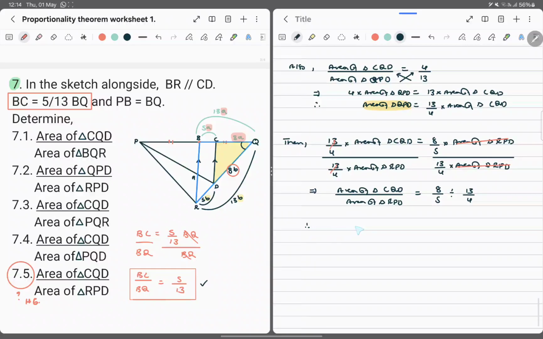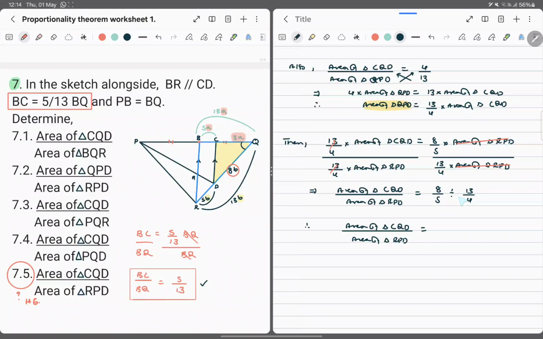Alright, so we can make a conclusion therefore that the area of triangle CQD over the area of triangle RPD must be, so we just flip this.